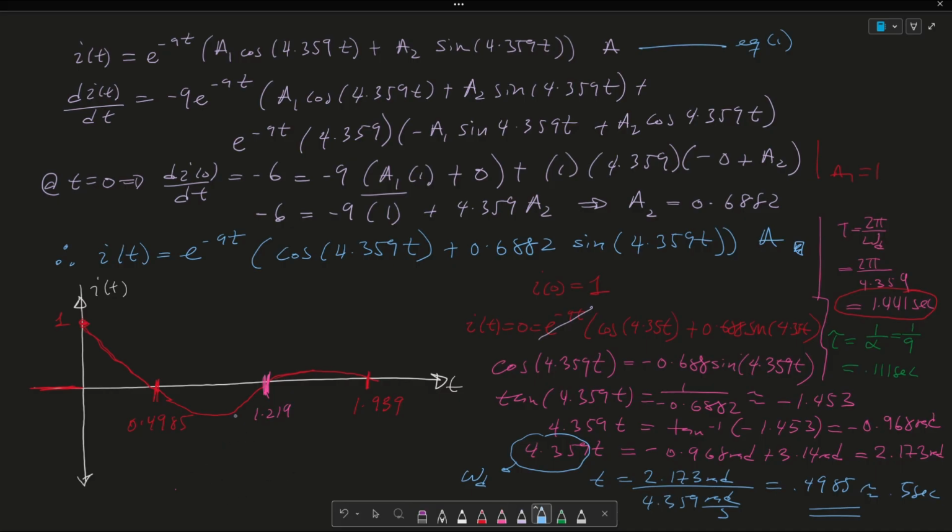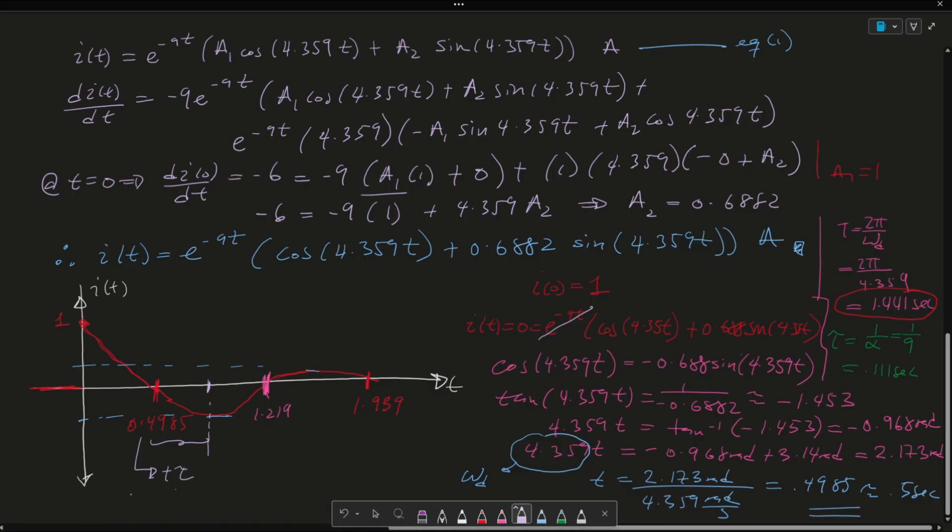So now the last thing we have to ask ourselves before we plot this in Desmos is, where is this minimum and where is this maximum? Essentially a good rule of thumb, which we'll see in the Desmos, is that this minimum here, from here to here, is going to be this value plus tau. So it's going to be 0.4985 plus 0.111 seconds.